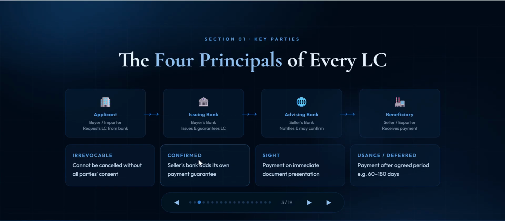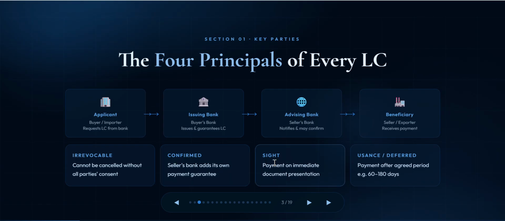Confirmed LCs provide extra comfort to the beneficiary: provided all the documentation and timelines stipulated in the credit are met, if the documents reach the confirming bank, the payment will definitely be made by the confirming bank, irrespective of how they receive funds from the issuing bank. That is a secondary thing. Usance LCs can normally be discounted under confirmed LCs, so that's the extra comfort the beneficiary has in confirmed LCs.